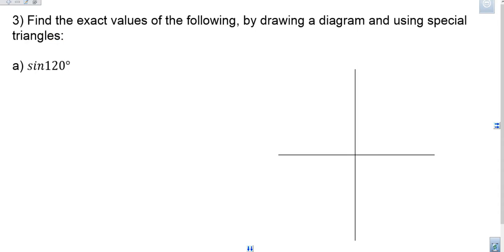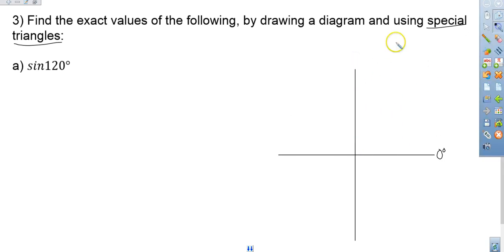Alright, so a different type of question, but using the same strategies as before. We want to find the exact value of sine 120 degrees by drawing a diagram, and we're actually going to have to use those special triangles that we learned last week as well. Now, if you take a look at the xy axis here, 0 degrees would be the positive x-axis, and if we were to have a terminal arm that we rotate around, the positive y-axis would then represent 90 degrees.